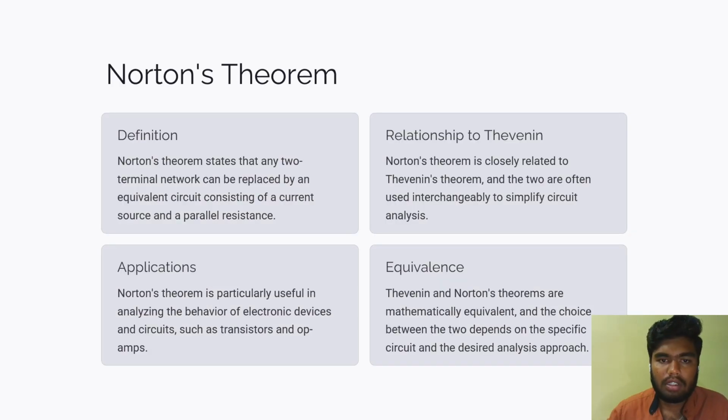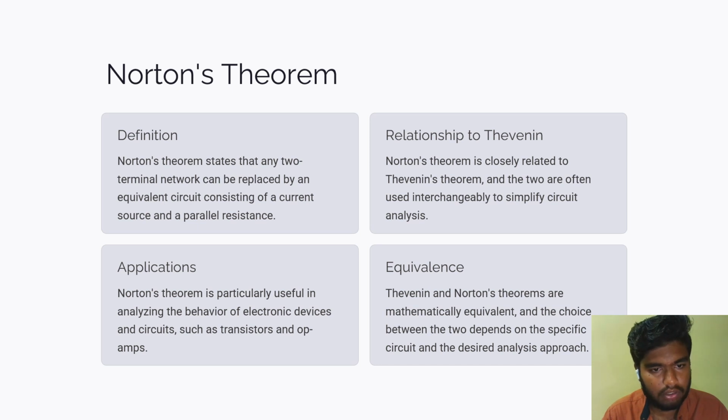Here, Norton's theorem states that any two-terminal network can be replaced by an equivalent circuit consisting of a current source and a parallel resistance. Its relation to Thevenin's theorem is that Norton's theorem is closely related to Thevenin's theorem, and the two are often used interchangeably to simplify circuit analysis.